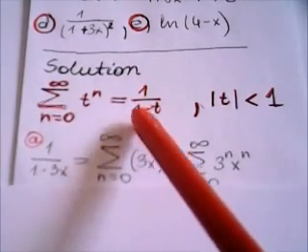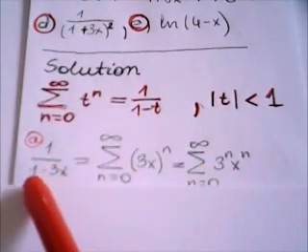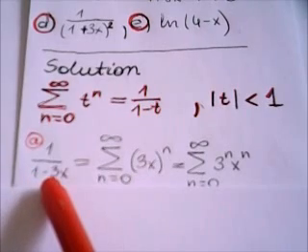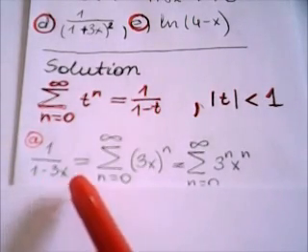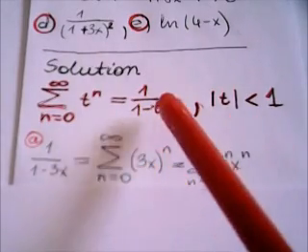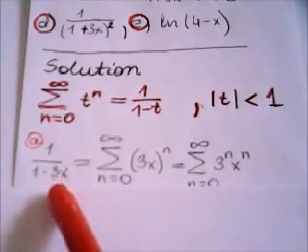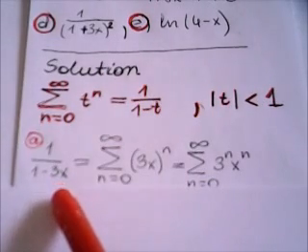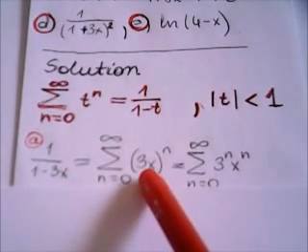Denominator 1 minus, denominator 1 minus. We replace t with 3x. Because of that, in this place we have 3x.